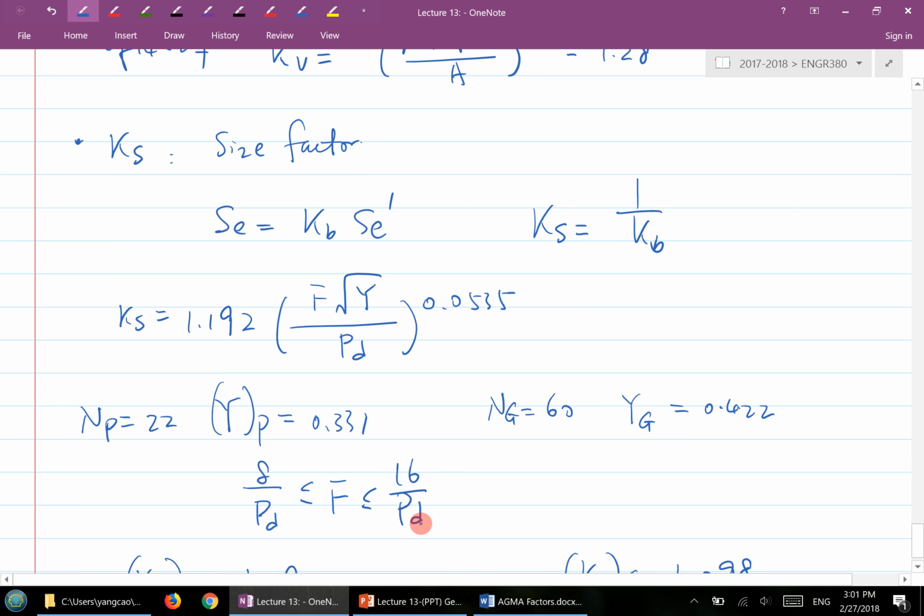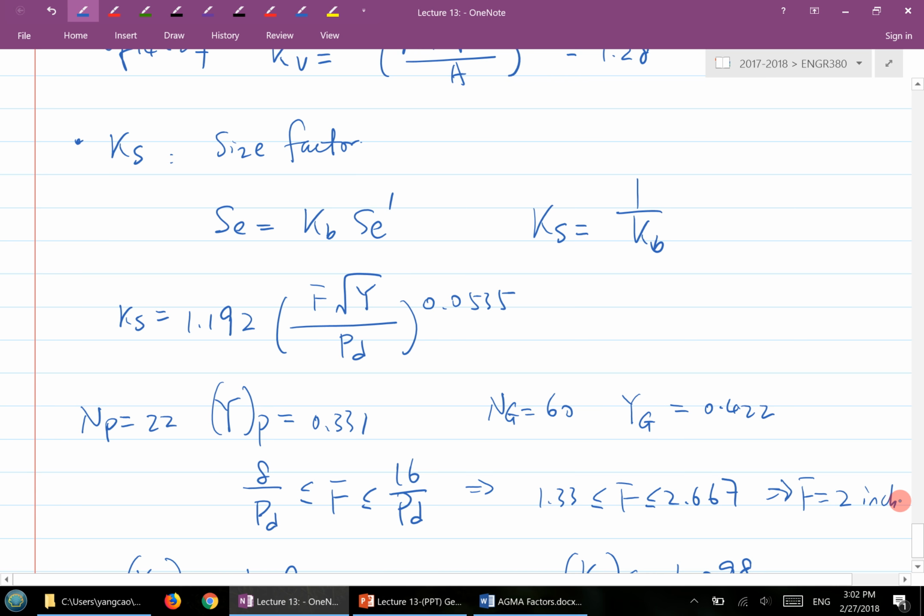The range of the face width should empirically be between 8 over diametral pitch and 16 over diametral pitch. So for this particular question, that gives us a range of 1.33 to 2.667. And we can conveniently take an integer number, 2 inches, for the face width.